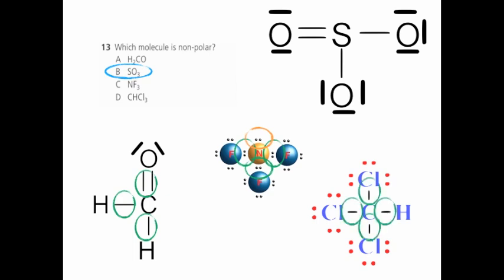In CHCl3, I believe that's formaldehyde. I could be wrong on that. You have 4 charge centers, so make a tetrahedral shape. However, one of those 4 bonds, the CH bond, is a different polarity. It's polar, but it's a different strength of polarity than the CCl bonds.